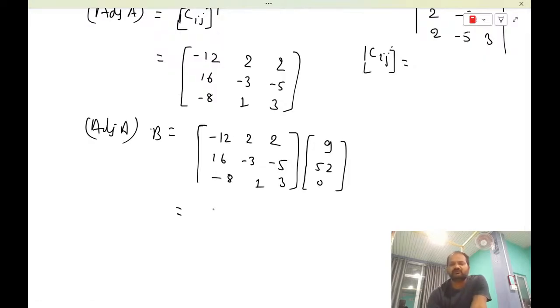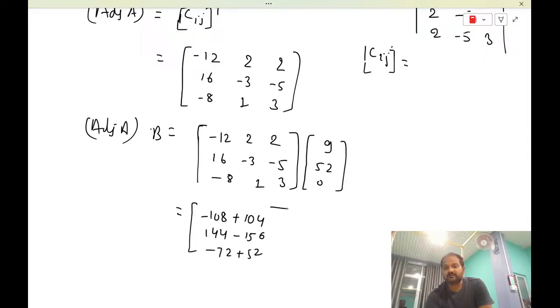So minus 108 plus 4 and 10. Then 16 into 9, 144, and minus 156, and from here minus 72 and plus 52 and plus 0.